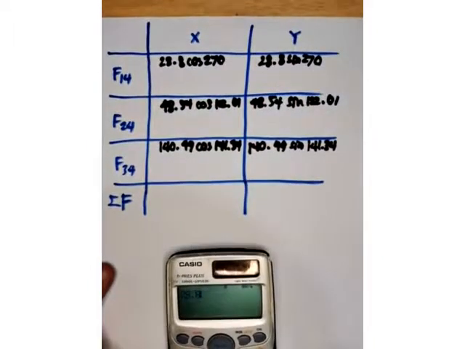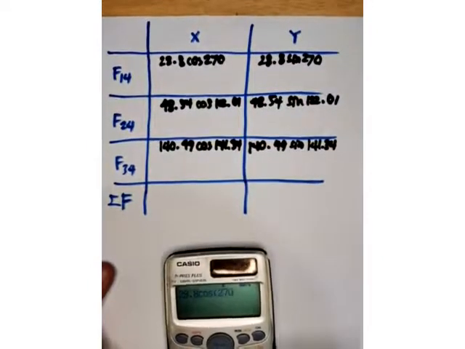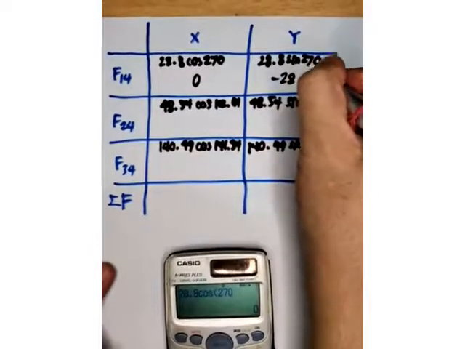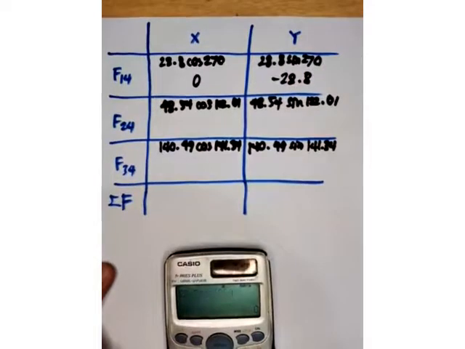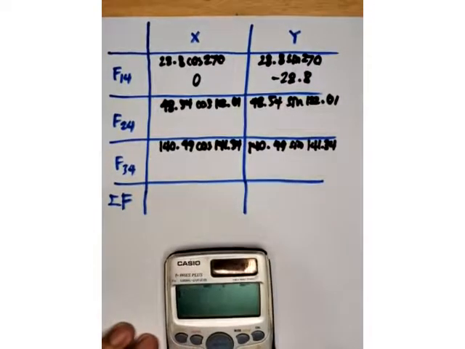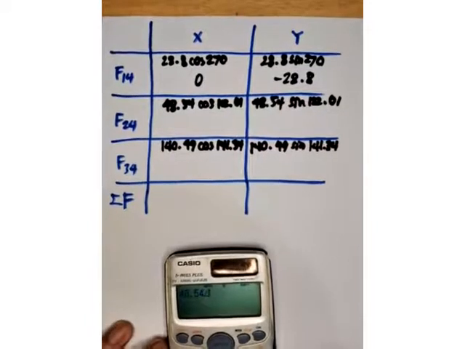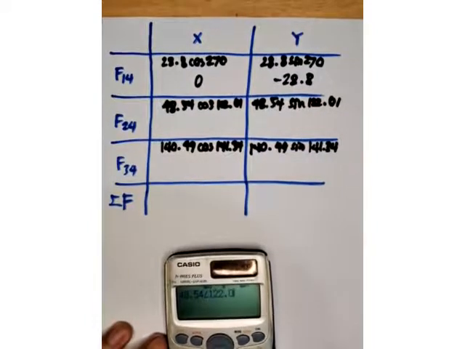So 28.8 cosine 0. Again, this is negative 28.8. Okay, class, mag-shortcut na lang ako, no? Para mas madali. Nang calculus.